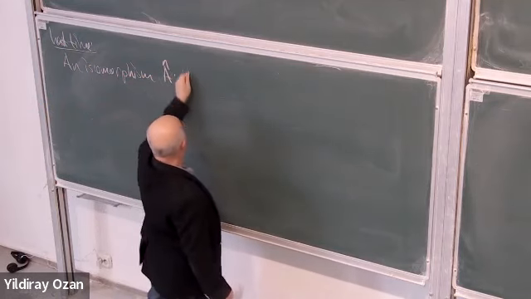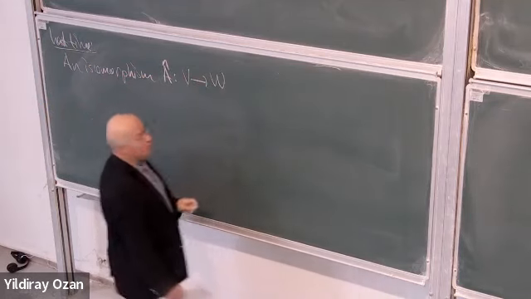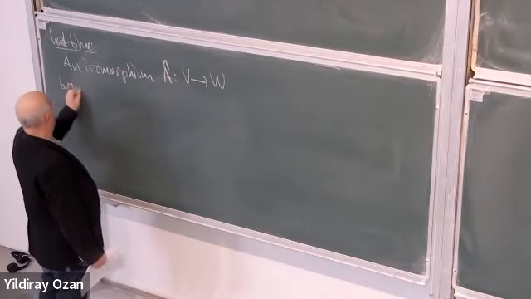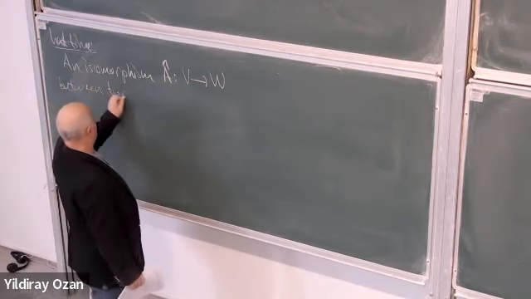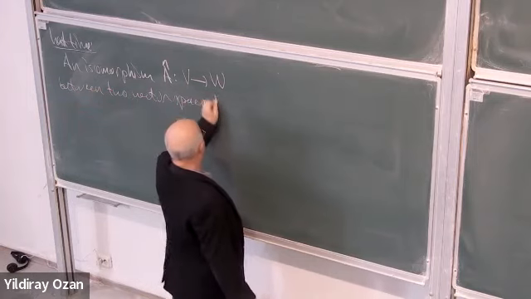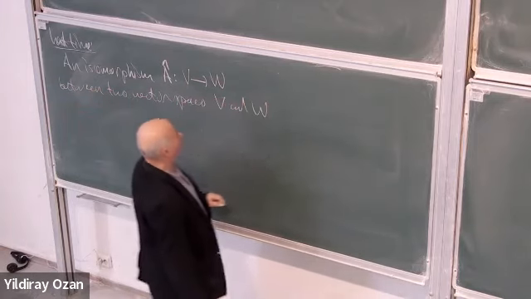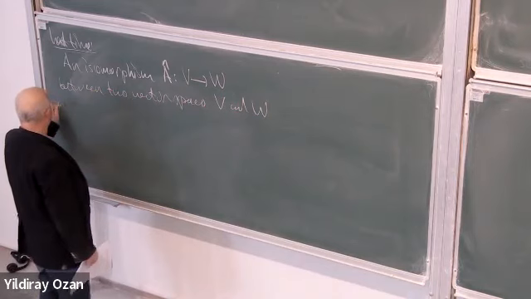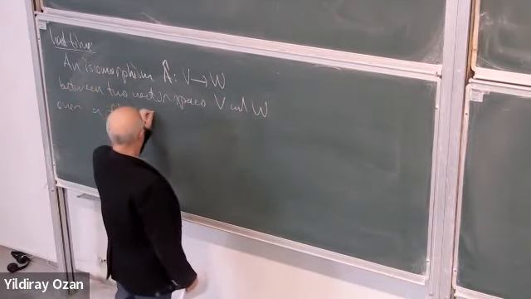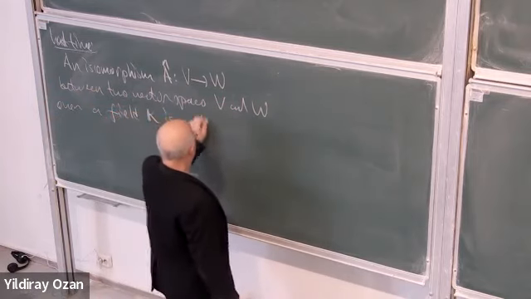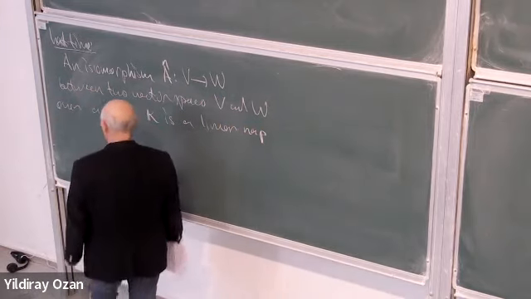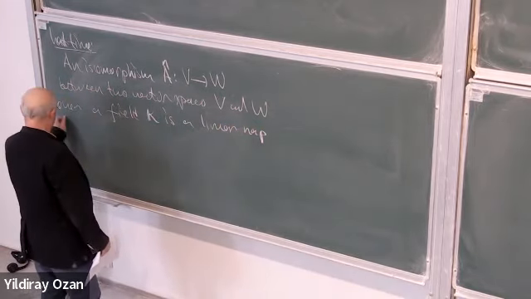between two vector spaces is a linear map that has an inverse.